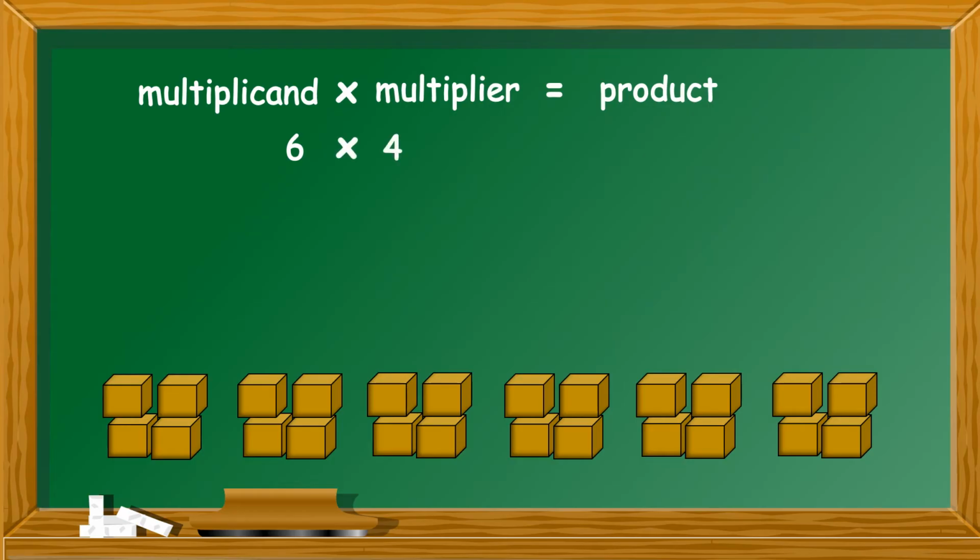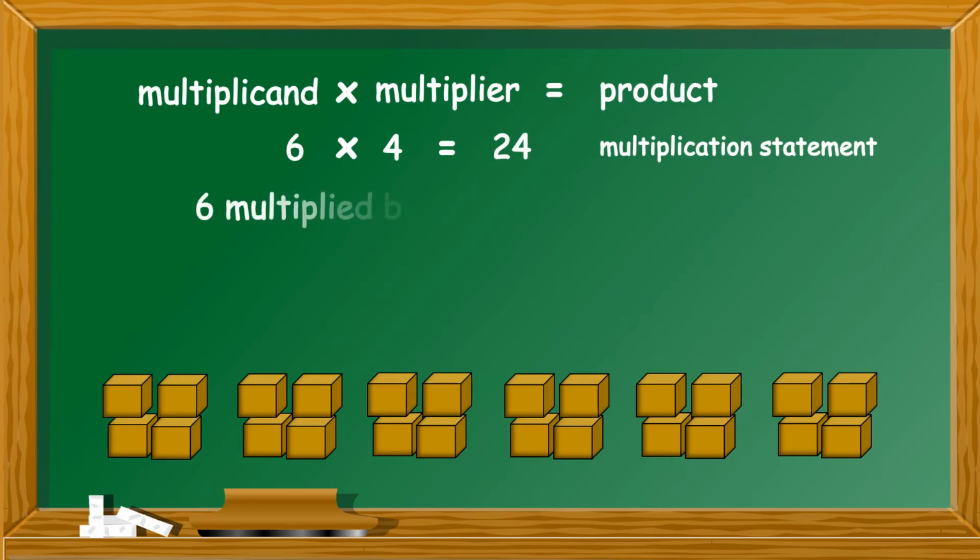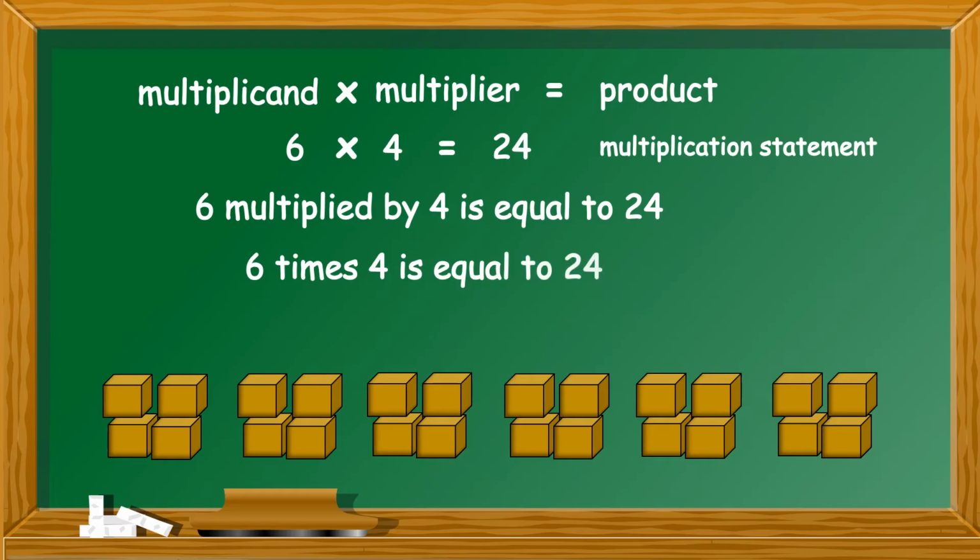That is 6 into 4, which is equal to 24. Thus, 6 into 4 is equal to 24 is the multiplication statement. This statement can be expressed as 6 multiplied by 4 is equal to 24, or 6 times 4 is equal to 24, or 6 4s are 24.